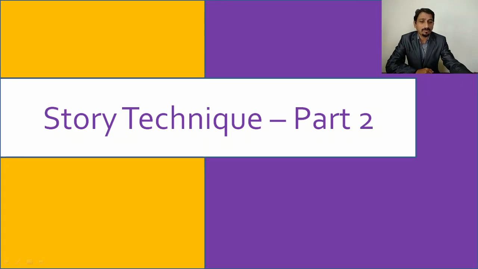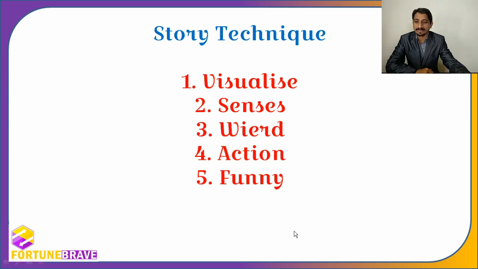With an example I am going to teach you, but before we learn it, let us try to understand what exactly is this technique and how do we use it. The first thing, story technique is really creating stories out of the information that you have to remember. Story technique means you are going to make a story out of the information that you need to remember.